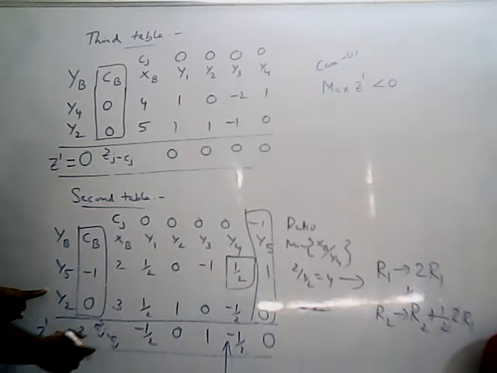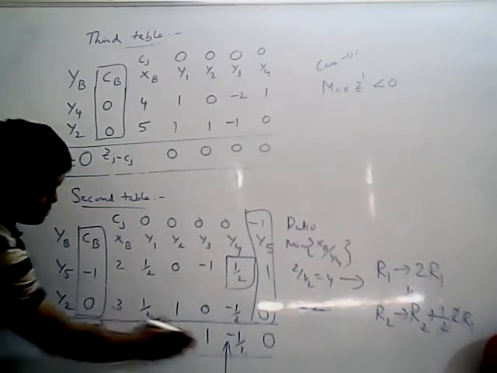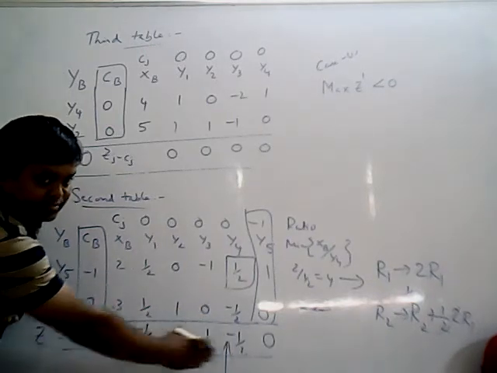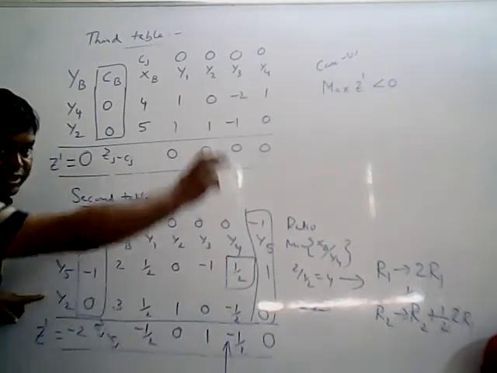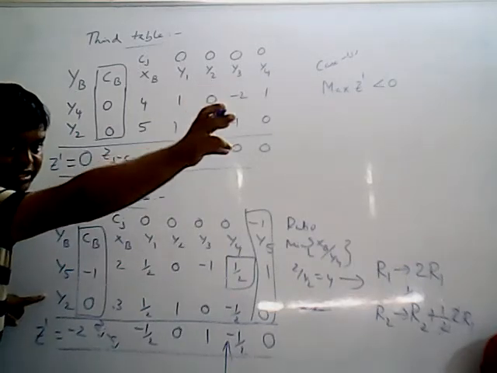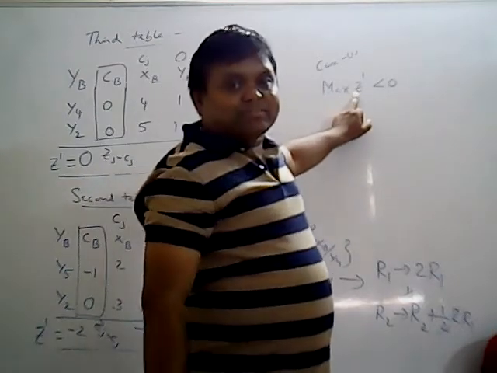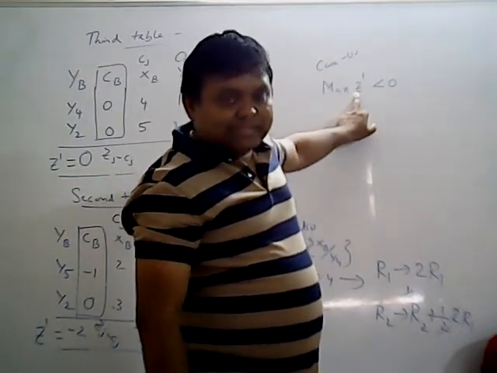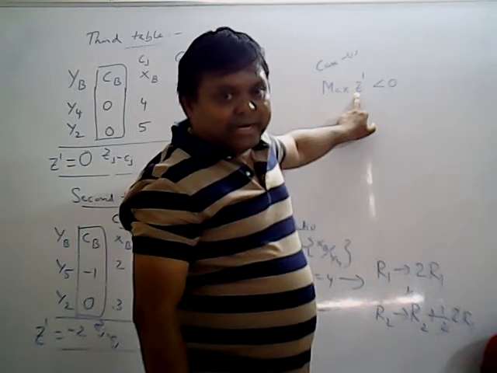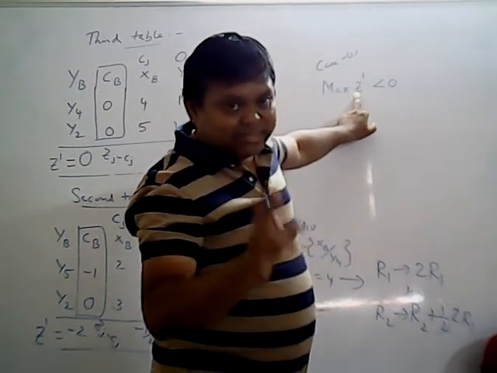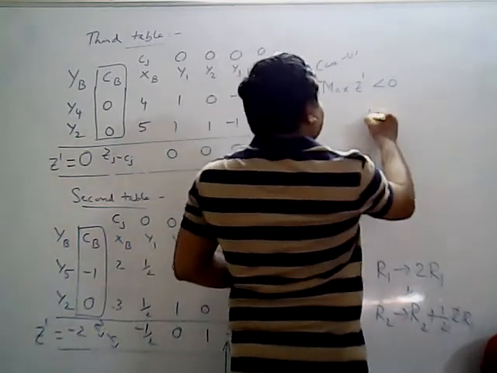Assume that all are positive. Positive means then you can go for those cases, case 1, case 2, case 3. First I will explain case 1. Case 1 is maximum z dash less than 0 and at least one artificial vector appears in the basis at a positive level.